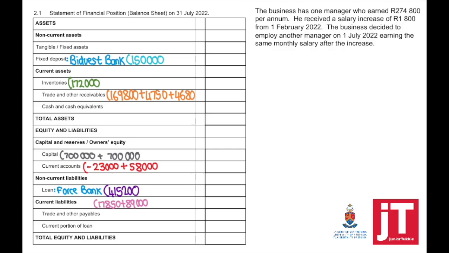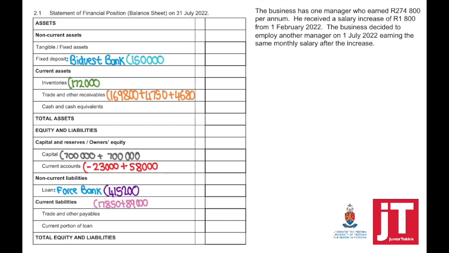The business has one manager who earned 274,800 per annum. He received a salary increase of 1,800 from the 1st of February 2022. The business decided to employ another manager on the 1st of July 2022, earning the same monthly salary after the increase.